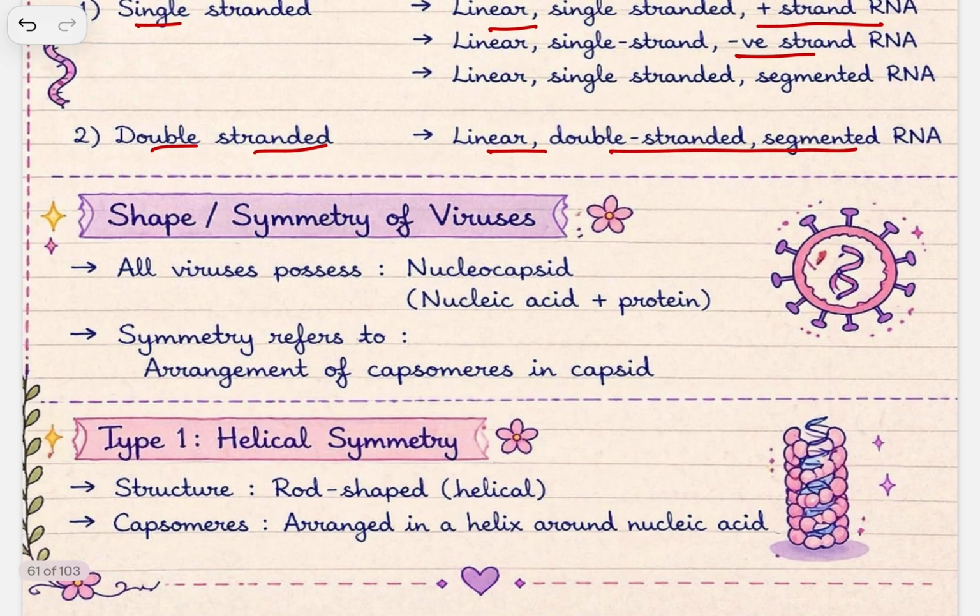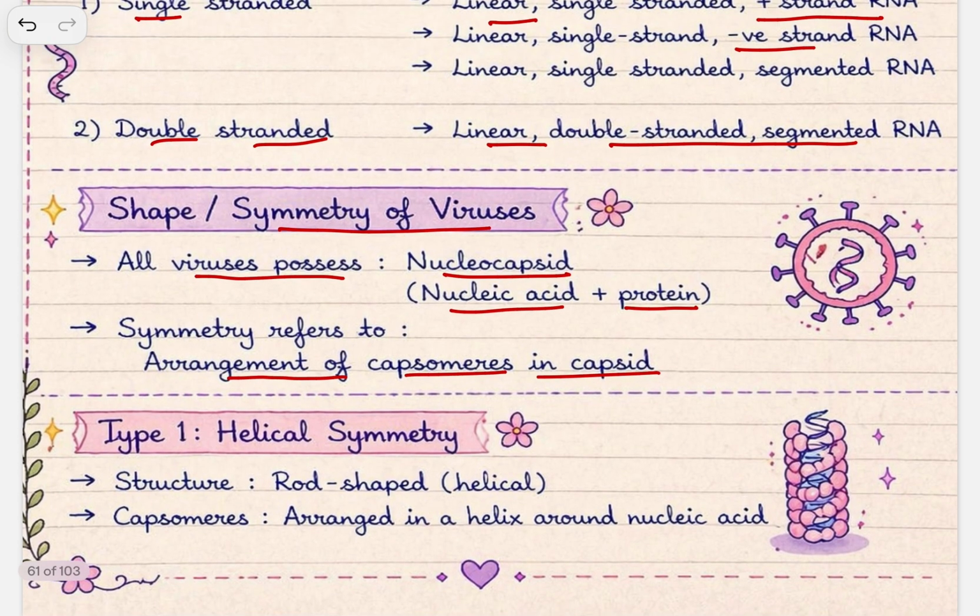Next, shape and symmetry of viruses. All viruses possess nucleocapsid, that is nucleic acid plus protein. Symmetry refers to the arrangement of capsomeres in the capsid. First type of arrangement, helical symmetry. It's a rod shaped structure like this, arranged in a helix around the nucleic acid.